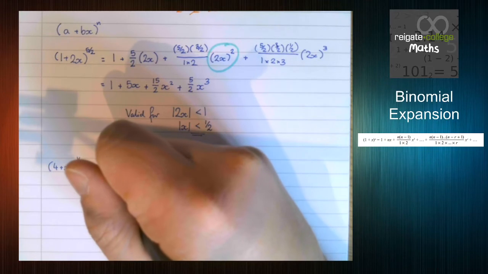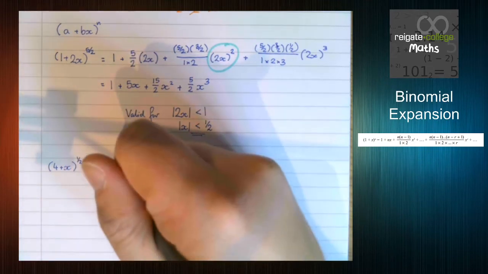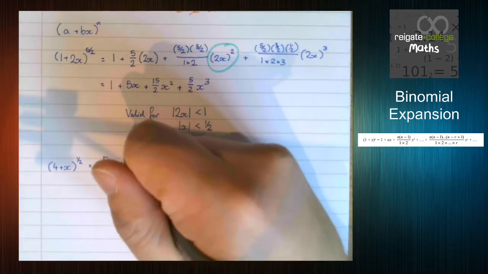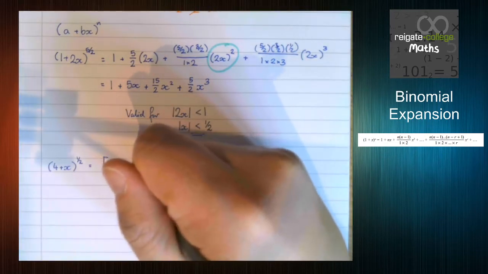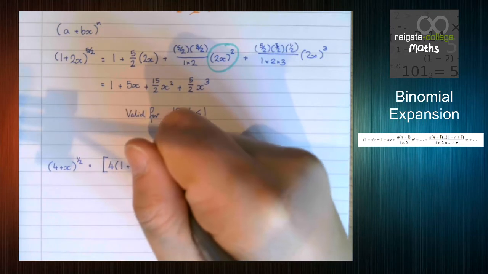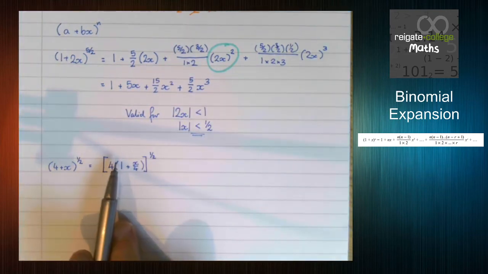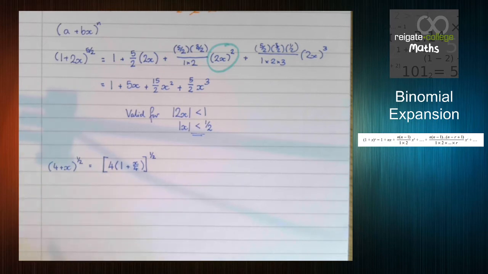So if we take 4 outside our bracket, this becomes 1, and then we get x over 4. And then this whole thing is to the half. Because the 4 started inside the bracket, it still has to be to the half.